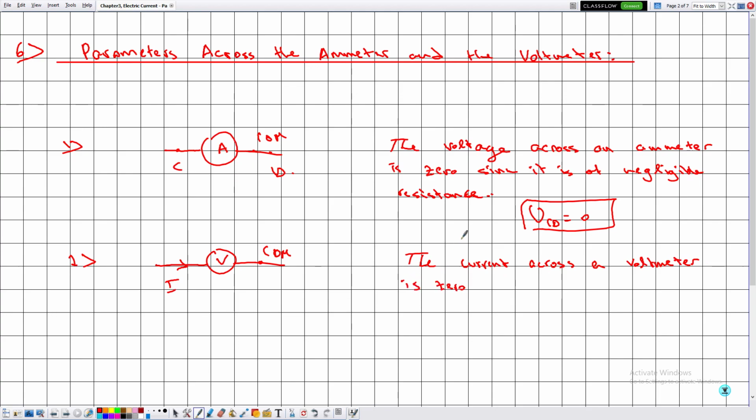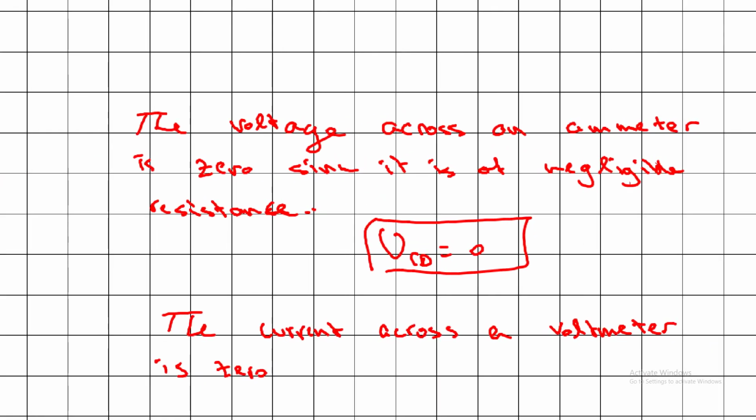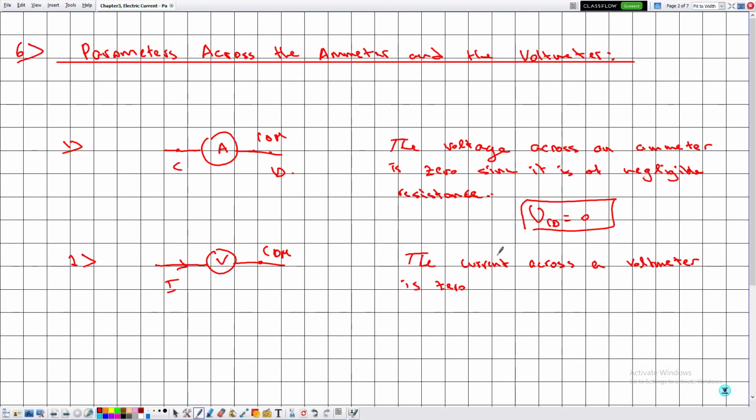Now everything is exactly the opposite, and not because it is of negligible resistance, since negligible means 0, but it is of very high resistance. So the value of I is equal to 0.